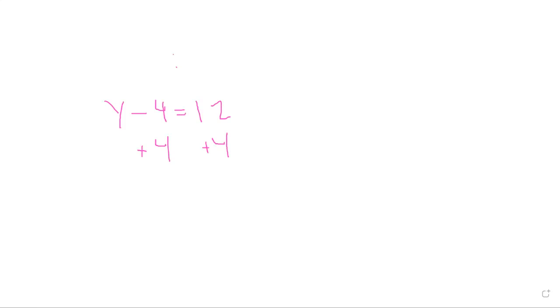Everything is kind of like that. So if you gave me $4 and I give it back, we're back to square. So that's gone. So then we have y equals 12 plus 4 is 16. And I could check, is 16 minus 4 12? Absolutely. You've done good.